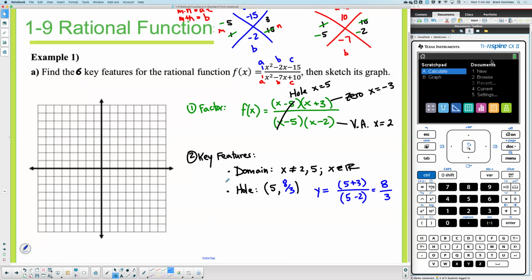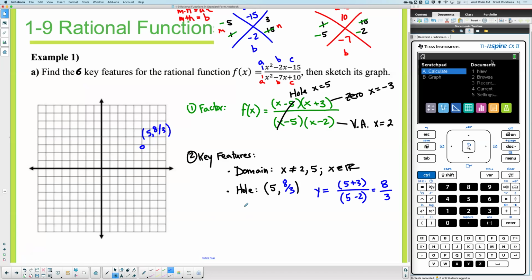So the hole is going to be right 5, 1, 2, 3, 4, 5, and then up positive 8/3. That's almost the number 3. So 8/3 is going to be just underneath the value 3. Put a hole there. That value right there is (5, 8/3). That's what that hole is.